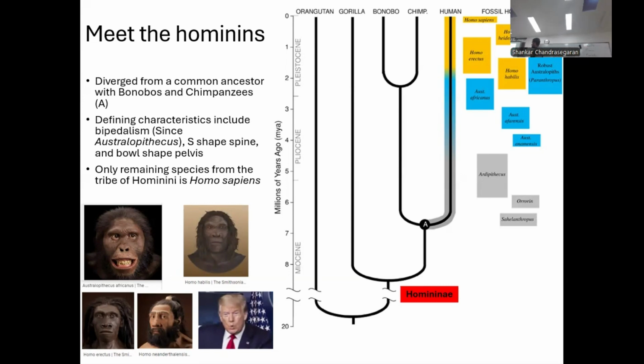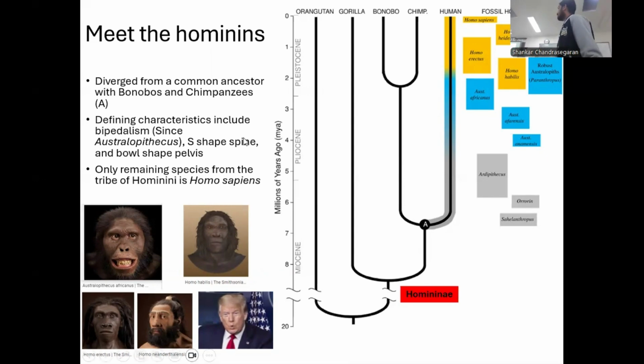Another note is that in the family of hominins, there is only one remaining tribe. In the tribe of hominins, there's only one remaining species left, which is Homo sapiens. All other species are no longer existing. I think you would have noticed if they did.